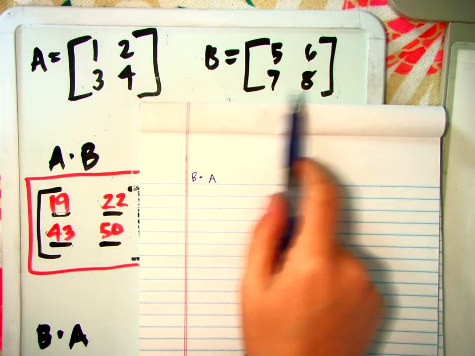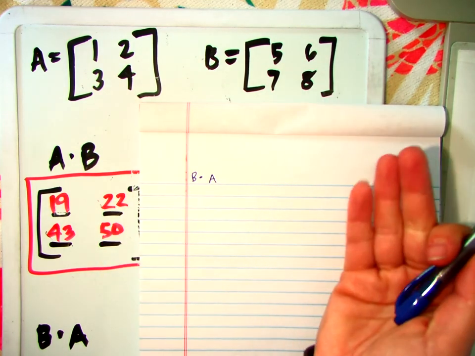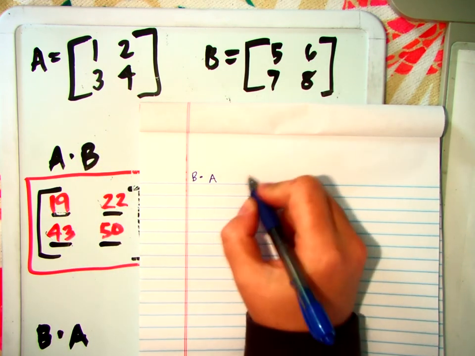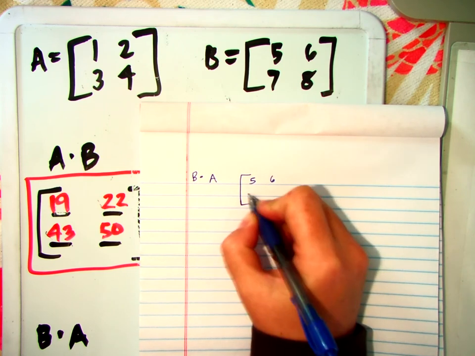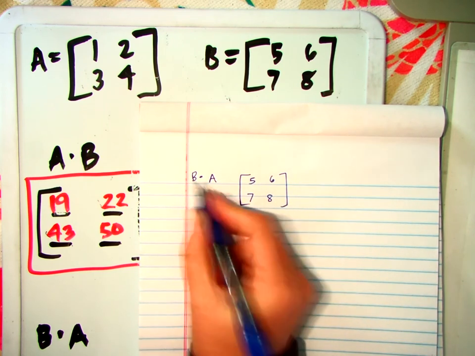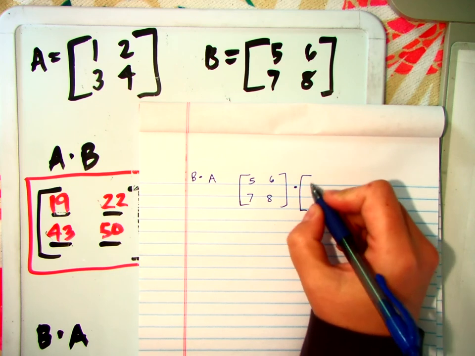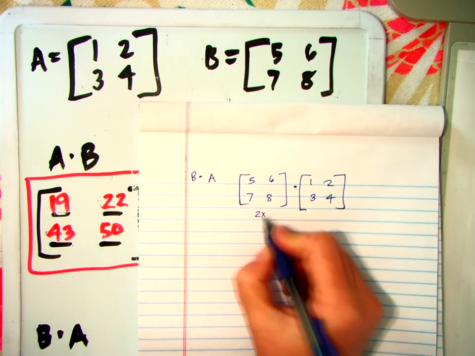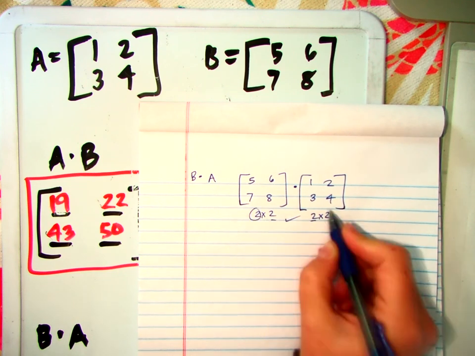Because these are what we call square matrices, because the dimensions are the same, 2 by 2 and 2 by 2, I'm going to rewrite these in the right order, B times A. So 1, 2, 3, 4. If it's a 2 by 2 and a 2 by 2, we can multiply. That's good.